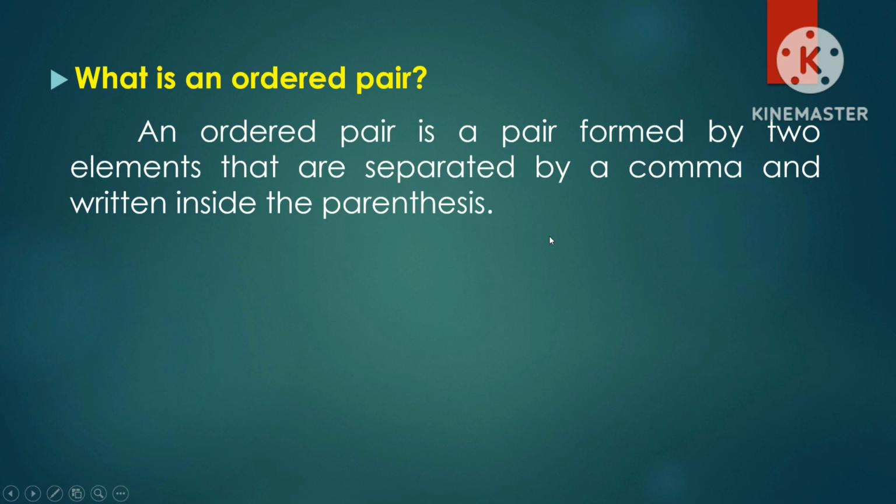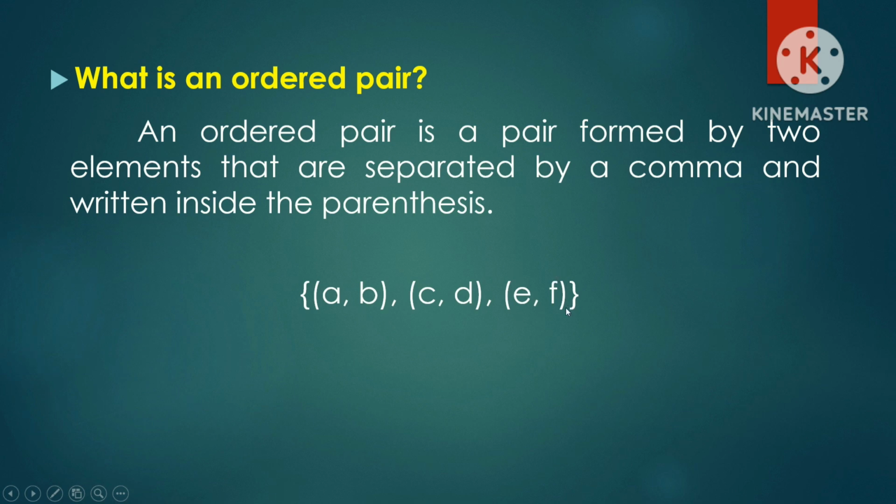So let's have an example of an ordered pair. We have here (A, B), (C, D), and (E, F). As you can see, they are formed by two elements, separated by a comma, and written inside the parentheses.